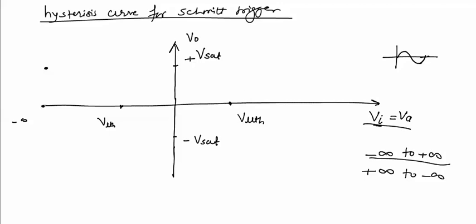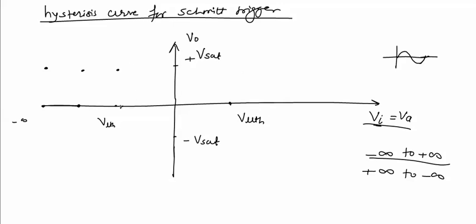If Vb is VUTH, then we will compare the values of Vi with VUTH. If we increase this Vi from minus infinity, this point will be compared with this VUTH. Of course, VUTH is greater than this voltage, so output will again be plus Vsat. At this point, the comparison again shows VUTH greater than this voltage, so output will be plus Vsat.